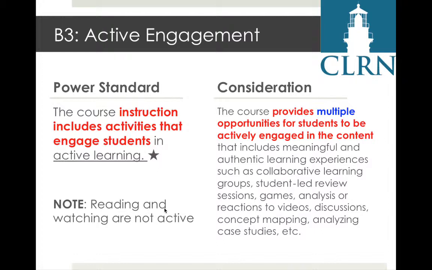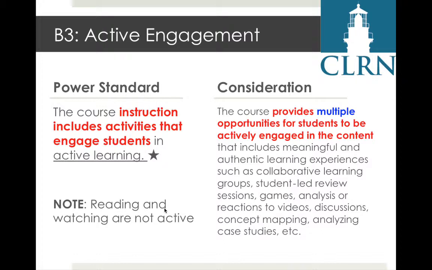With Power Standard B3, you're evaluating whether instruction includes activities that engage students in active learning. The consideration adds that the course should provide multiple opportunities for students to be actively engaged in the content. These could include, but are not limited to, authentic learning experiences, collaborative learning groups, student-to-student interaction, analysis, and discussion.